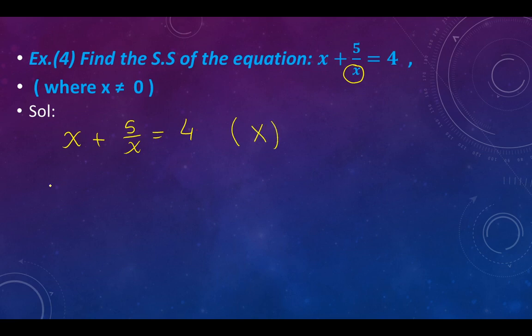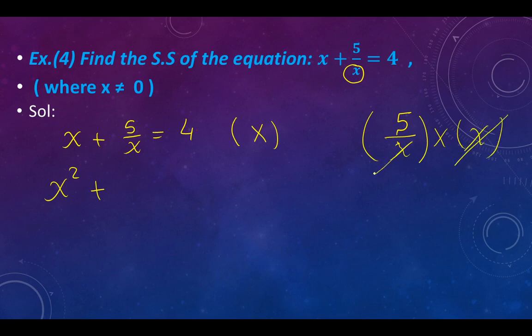X times x equals x to the power of 2, plus 5 over x multiplied by x. Here, 5 over x times x, you can see that x will cancel x, so the remainder will be equal to 5. And 4 multiplied by x equals 4x.